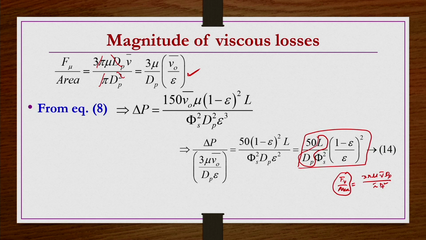Now these equations we have developed for a generalized case of particles having the same size and shape, and their size and shape we brought into the picture by including both phi s as well as the volume equivalent sphere diameter dp.